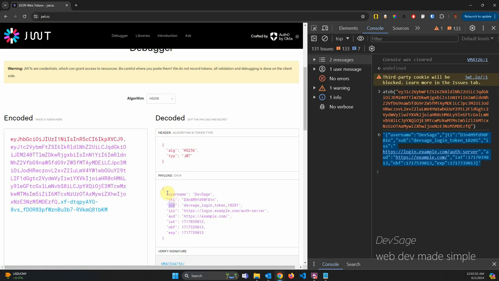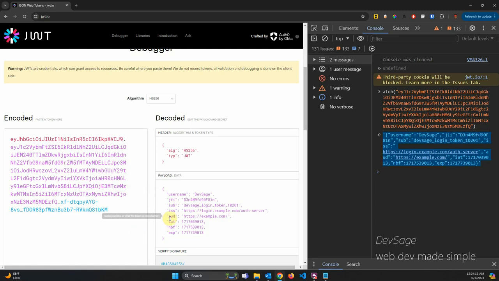All of the other claims in the payload are usually statements about this particular subject. In this case, I just made this subject up, DevSage login token, but all of the other claims have something to do with this particular login token, whether it's the expiration of the login, or where this login token was generated, or what time I'm allowed to use the token, etc.